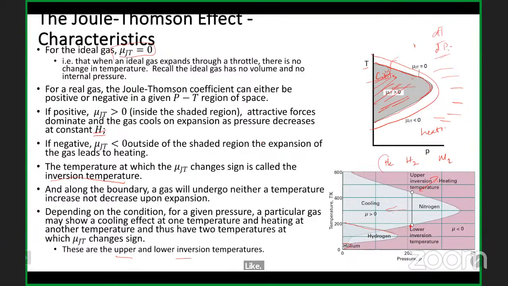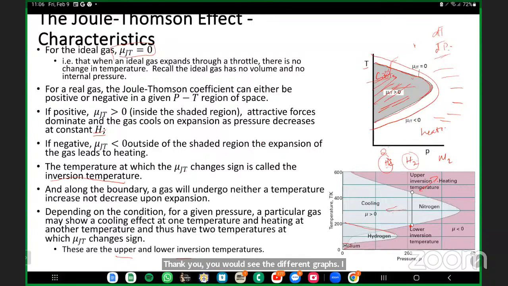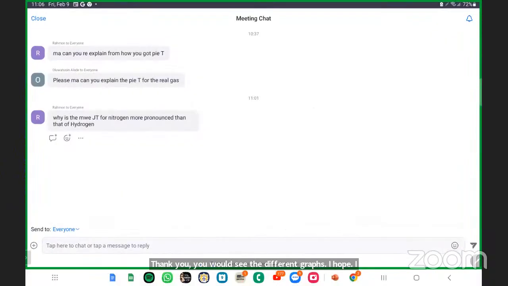Helium is a monoatomic gas, even though He is atomic number 2. This one proves to be heavier than that, and that's way heavier than that. If you can Google and see the mu JT for different elements, you would see the different graphs. I hope I was able to explain that. Any other question?